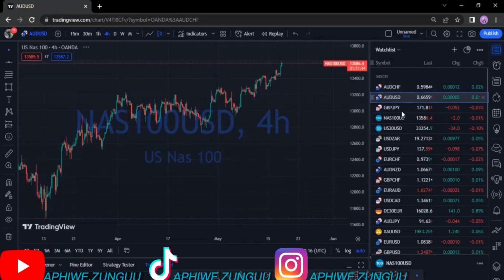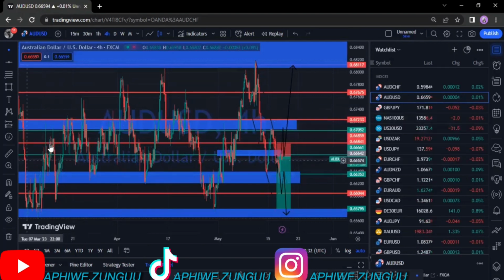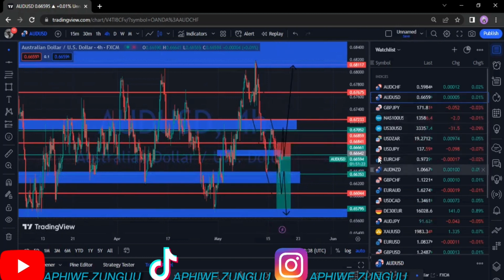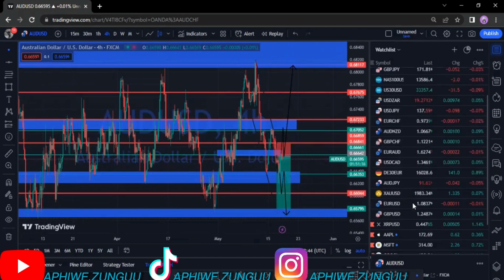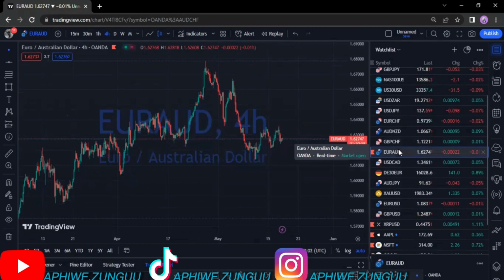With pair selection, I don't know which pairs you guys are familiar with, but the pairs that I use for a small account are Euro AUD, Euro USD or GBP USD. Euro USD sometimes has a high spread.